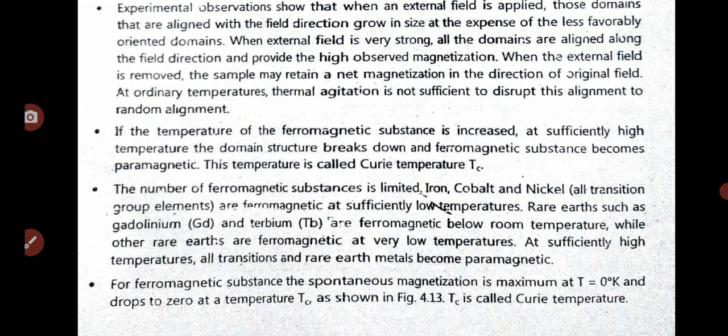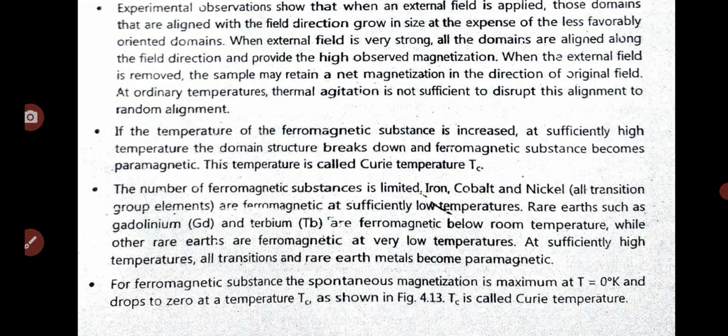If the external field is very strong, then the domains are aligned along the field direction and provide a high observed magnetization value.